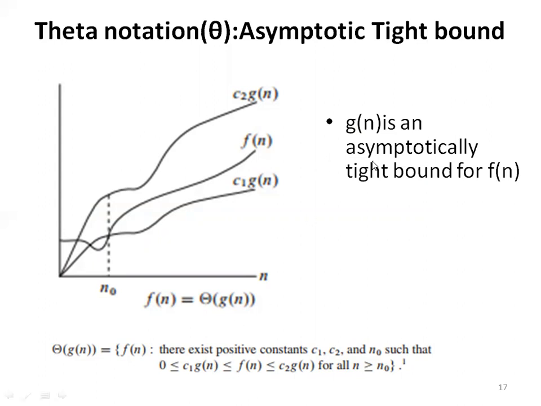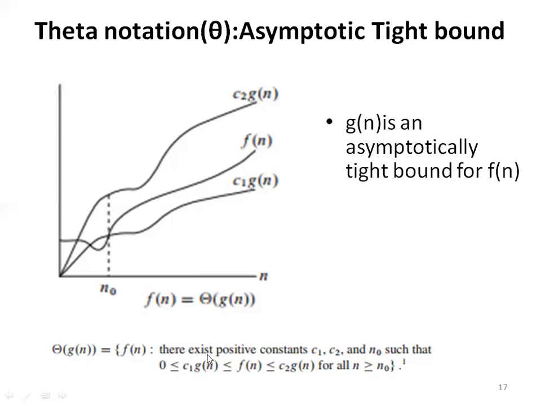So here g(n) is an asymptotically tight bound for the function f(n) because f(n) is bounded by c2 into g(n) and c1 into g(n). f(n) is greater than c1 into g(n) and f(n) is less than c2 into g(n) after this n0 point. So that's why we can write f(n) equals theta of g(n).